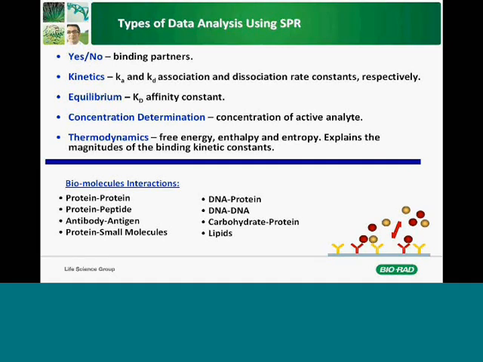Then, of course, the main feature of an SPR instrument is to extract the association and dissociation rate constants that are described by the Ka and Kd. And from the ratio of these two, you can derive the affinity constant, or the equilibrium constant, but you can also measure it directly in some interactions, depending on the magnitude of Ka and Kd.